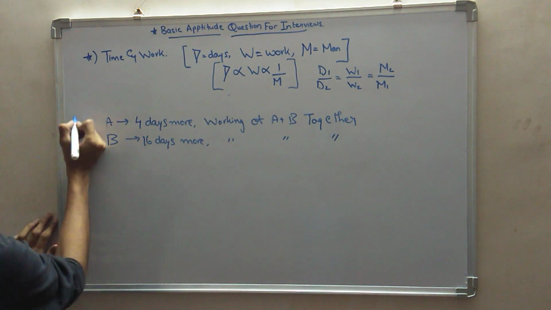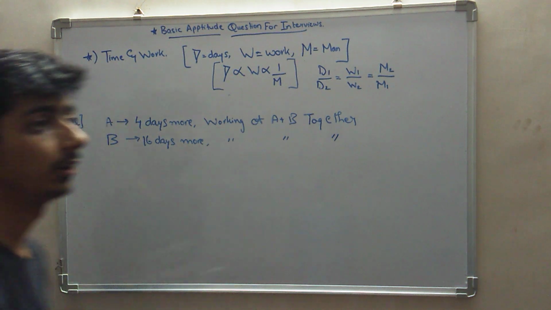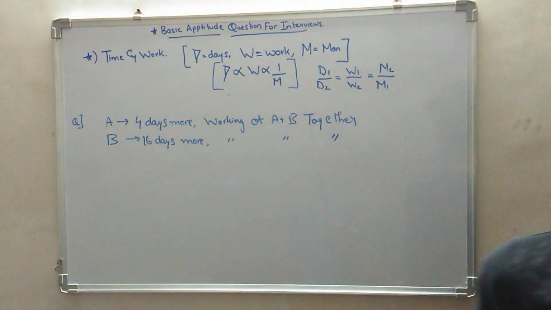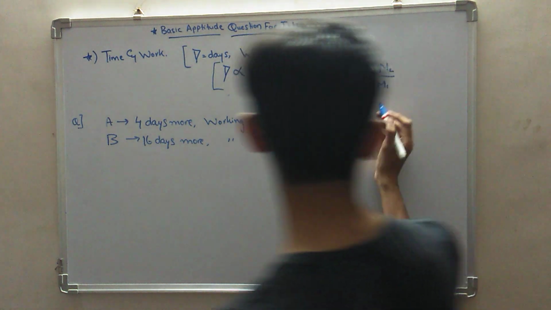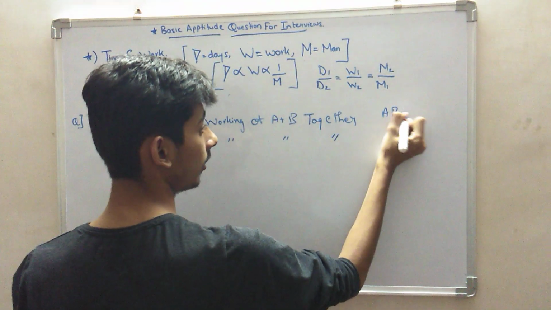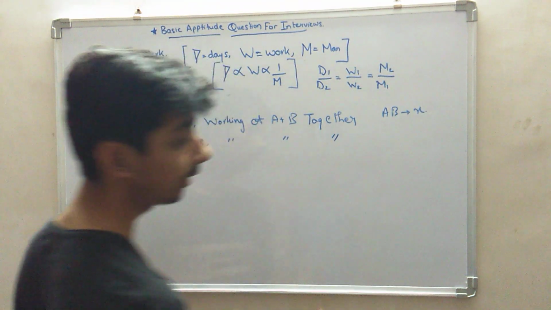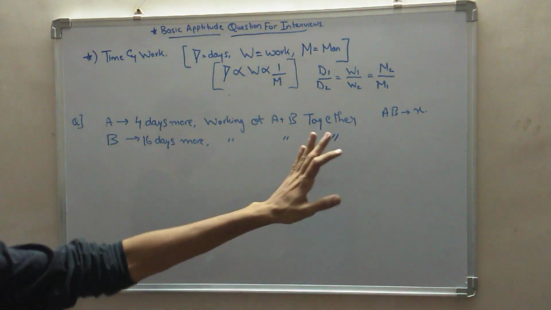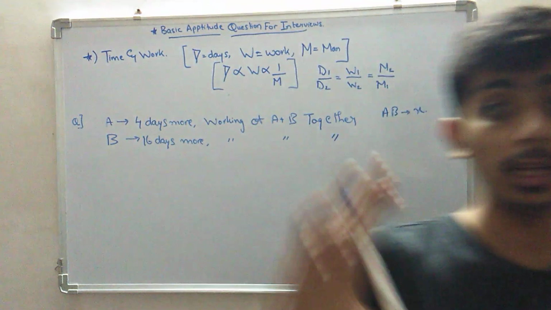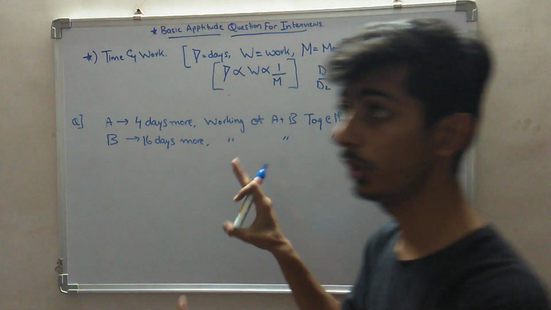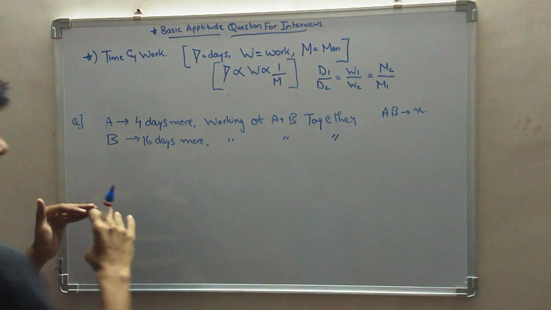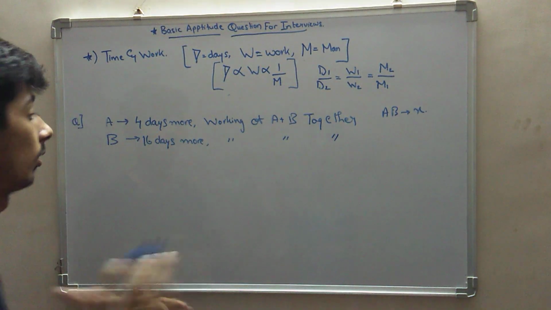So in this question, when A and B work together, if it takes X days to complete a work, then A takes X plus 4 days more and B takes X plus 16 days more.